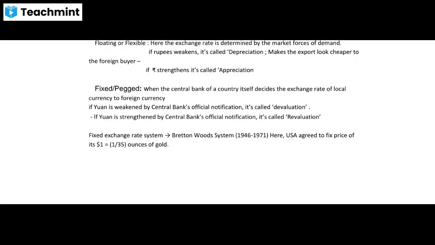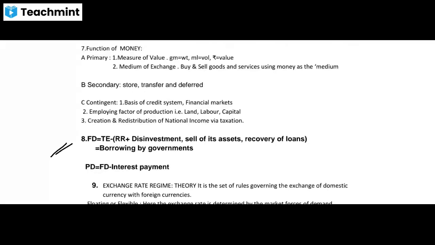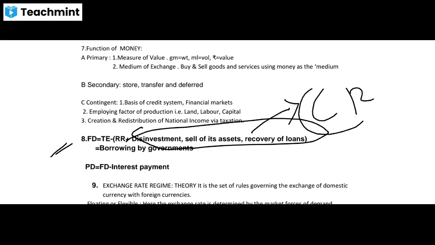So what is this fiscal deficit? Fiscal deficit is equal to total expenditure minus revenue receipts plus disinvestment, sale of its assets, recovery of loans. That means disinvestment, sale of its assets and recovery of loans is nothing but your capital receipts without your borrowings.